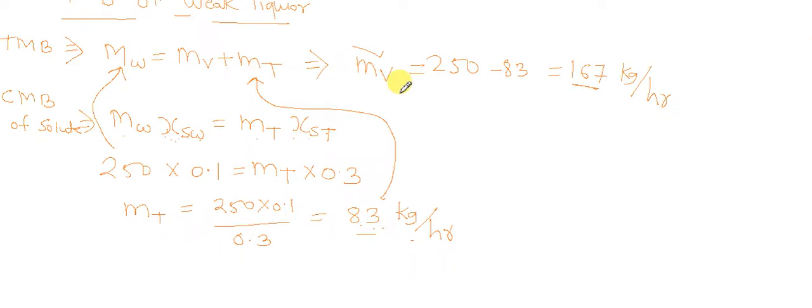Now we'll see what things are given here, and we will use them in the calculation. We know the value of mw, 250 kg per hour. We know xSW, that is 0.1. We know xST, that is 0.3.